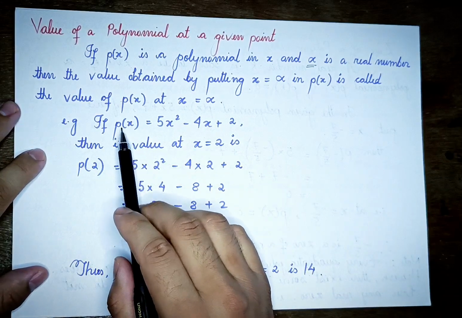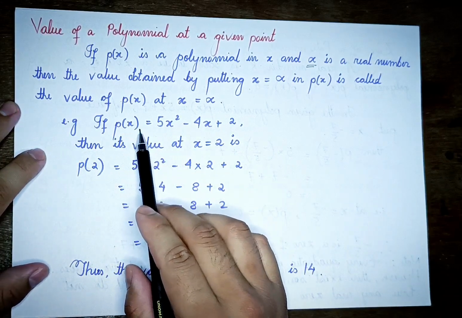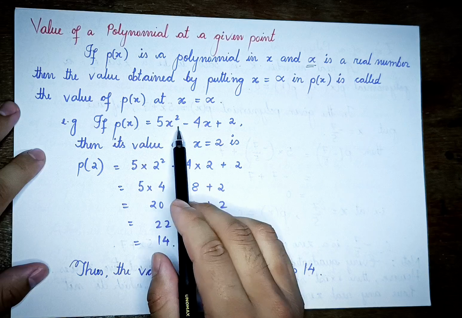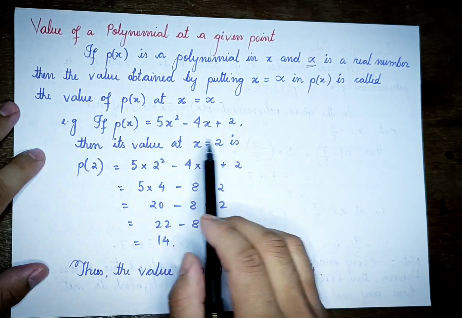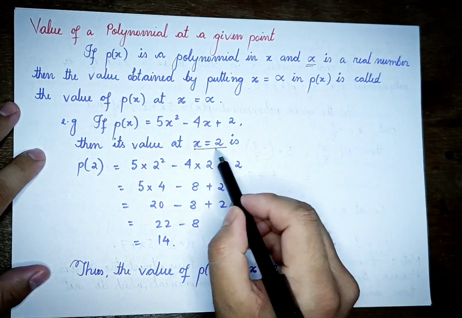For example, if there is a polynomial p of x is equal to 5x squared minus 4x plus 2, and the real number is x equal to 2.